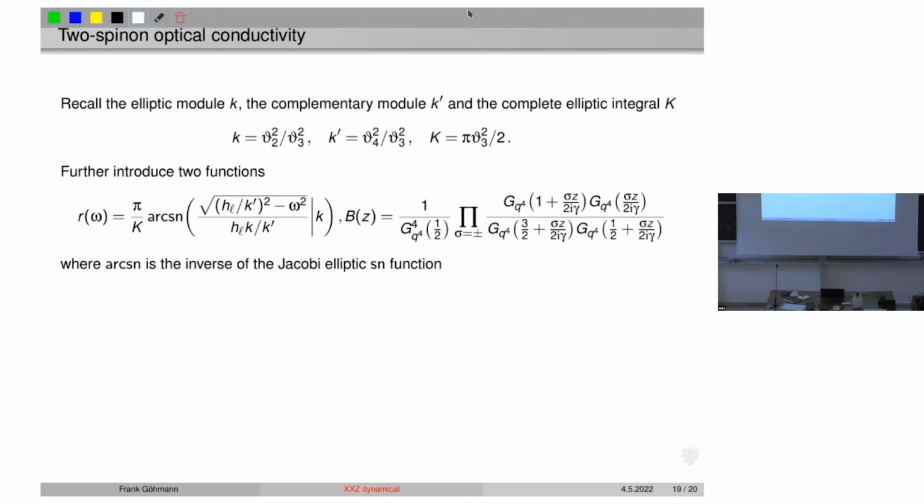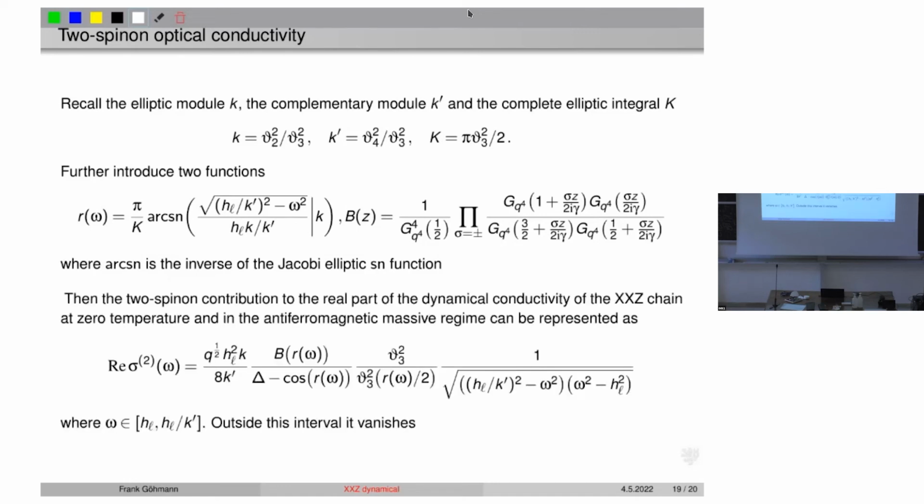And arc sn is the inverse Jacobi sn function, and these are again q-Barnes functions. So those are the functions we need, and we put them together and get an explicit formula for the two-particle, so one hole, one particle contribution to the dynamical conductivity, which is pretty simple, I would say.